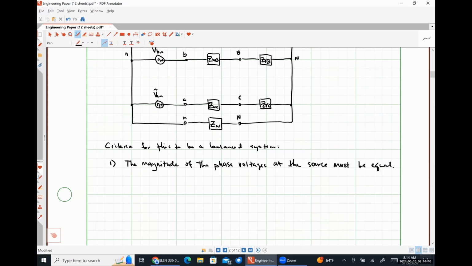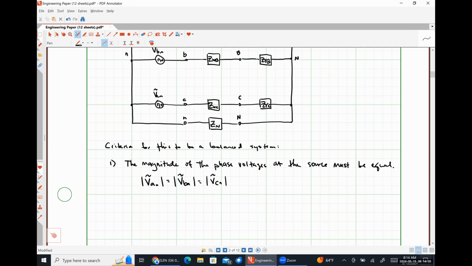So that means that the magnitude of the voltage VAN is identical to the magnitude of the voltage VBN is identical to the magnitude of the voltage VCN.